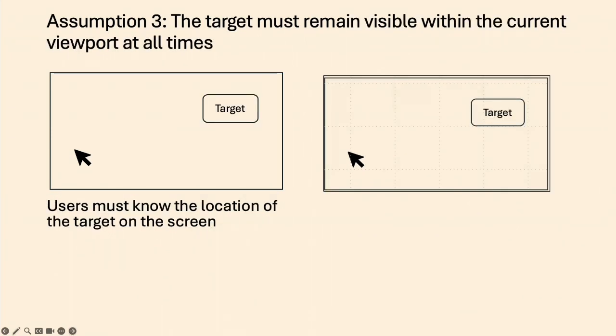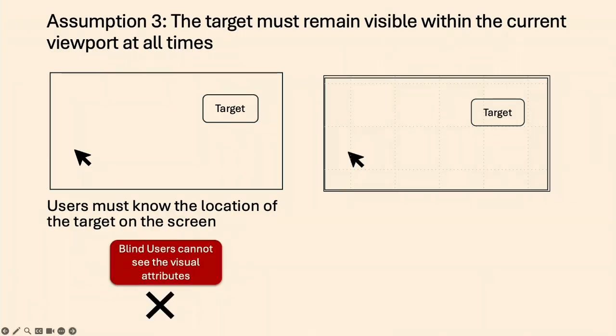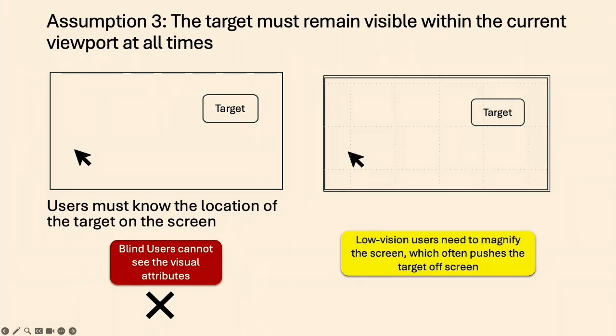Let's say the third assumption. The third assumption is target should always be visible within the current viewport, meaning current screen. But for low vision users, this is not the case because they need to magnify, and when we magnify, content can go off screen. So let's take a look.